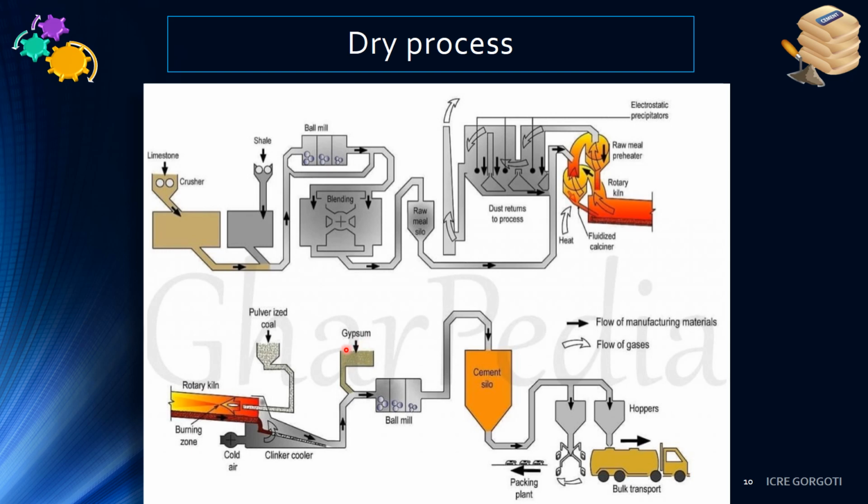Flash setting of cement means immediate hardening of cement after addition of water. The particles are crushed to the required fineness and taken to storage silos from where the cement is bagged for supply. This is how cement is manufactured according to the dry process.